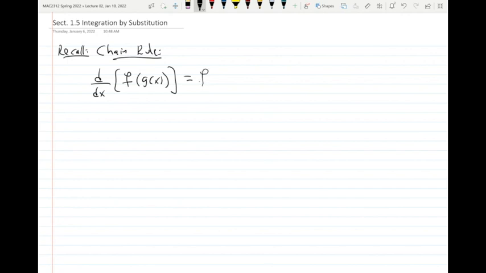This is the derivative of the outside function evaluated at the inside function, and then you need to multiply by the derivative of the inside function, right? That's what the chain rule says. Derivative of the outside evaluated at the inside times derivative of the inside. Now, this rule has an effect on the integral side, and then we get substitution.